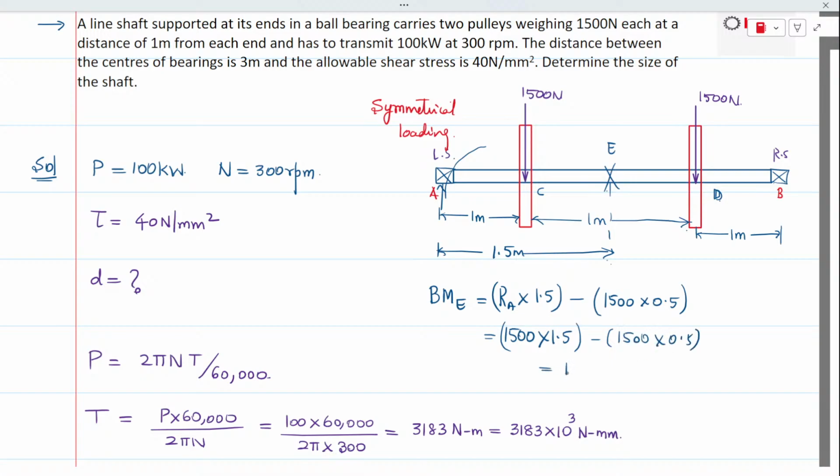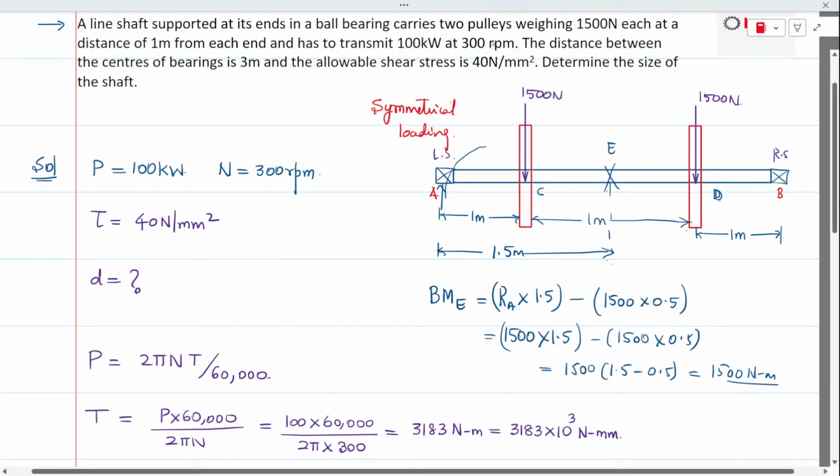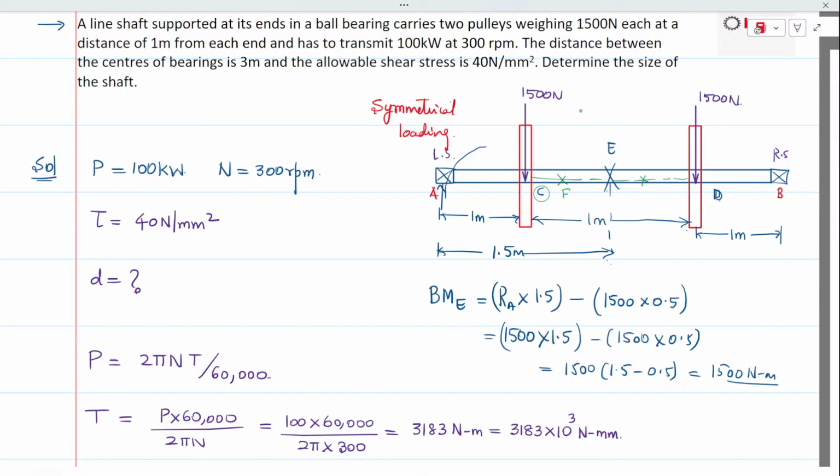So I can pull out 1500 common from here. It is 1.5 minus 0.5, which is 1. So once again, you are getting it as 1500 Newton meter. So whether you calculate at C or another point E or F or G, whatever it is, throughout the span, bending moment is going to be constant.